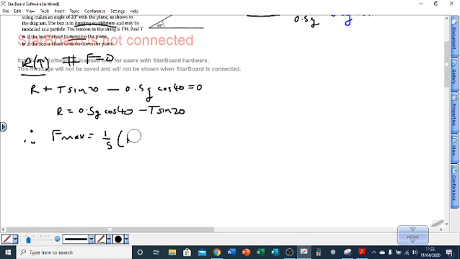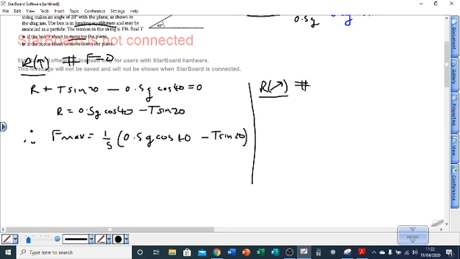So a fifth of 0.5 g cos 40 minus T sin 20. Okay, so that's what F max is. Now I'm going to resolve parallel to the plane, and up is positive, and again net forces is equal to 0.